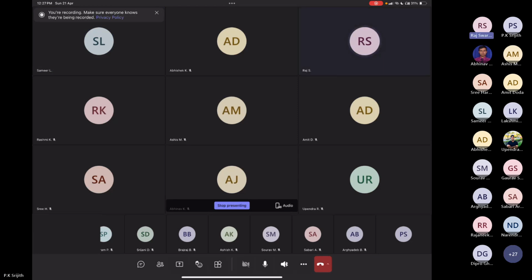Sir, how long will it be? The other option is that we need to keep it on the weekdays in the evenings. I can think of having both, on Sunday after the exam as well as on the weekdays in the evenings. Sir, can we have them after the exams?